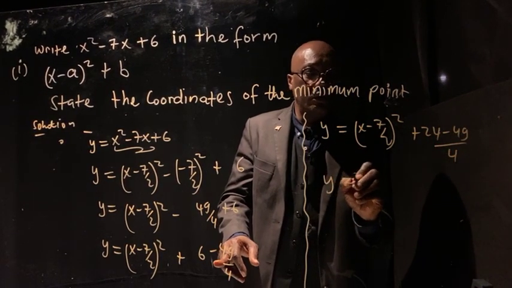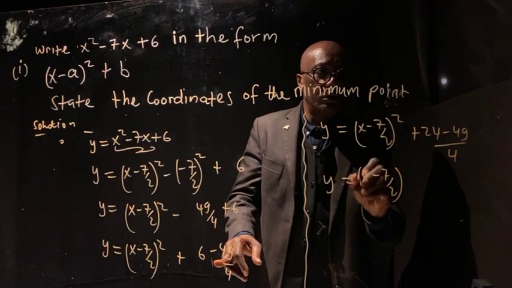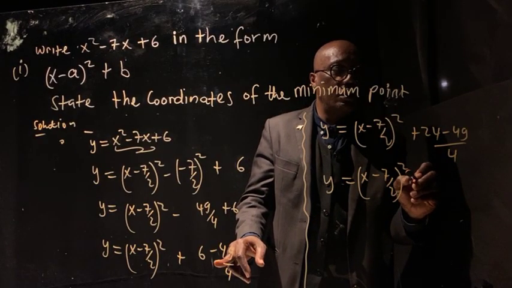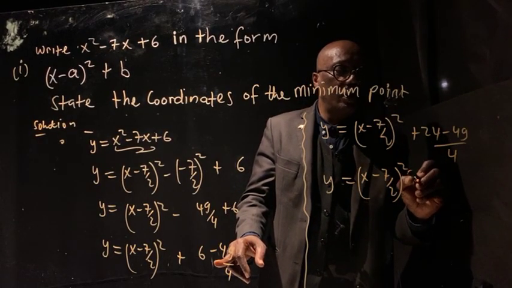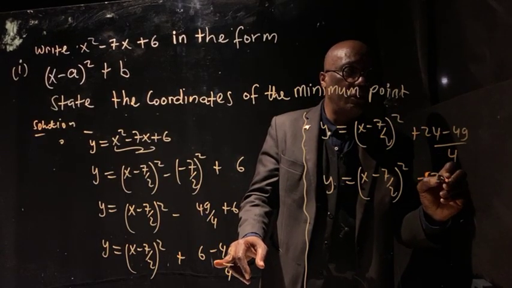y equals (x minus 7 over 2) squared minus 25 over 4.